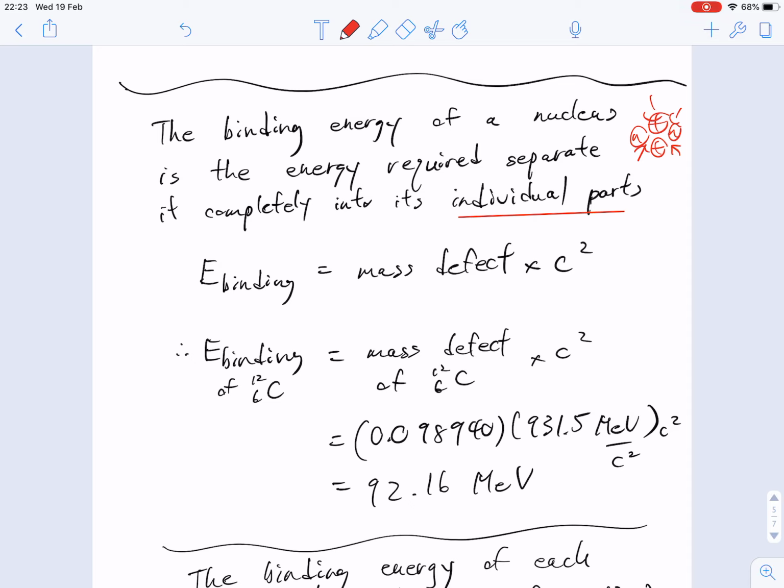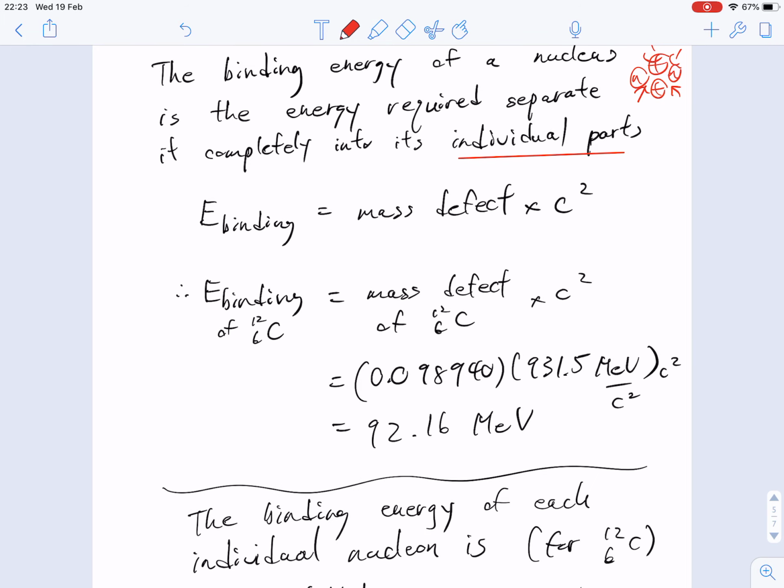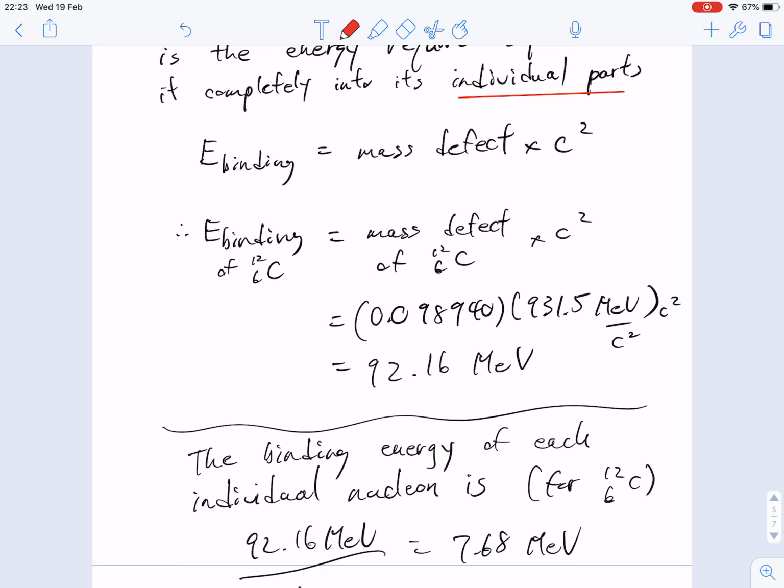What you'll find interesting is that each of them actually has different amounts of binding energy. To find the binding energy, we'll get into that a little bit later. Binding energy is the mass deficit multiplied by the speed of light squared. Thankfully we don't have a huge mass deficit, so multiplying by the speed of light doesn't give us a crazy amount of energy, but it is still quite significant.